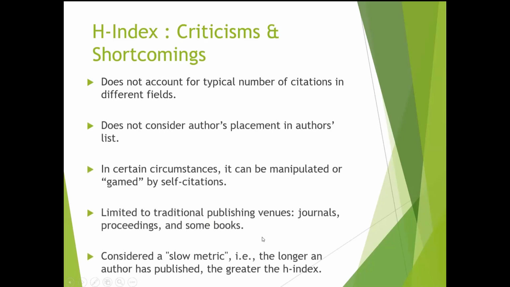Okay, but now let's look at some of the criticisms and shortcomings. As I mentioned earlier, H index is a field-dependent metric, so it can't be compared across other disciplines. Again, my example of the 25 in biomedical engineering isn't the same as the 25 in computer science.